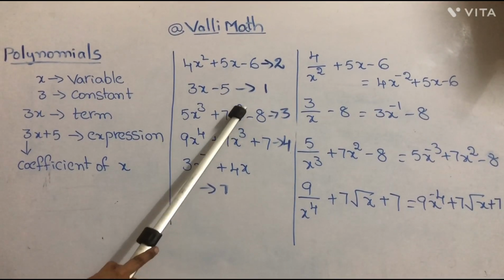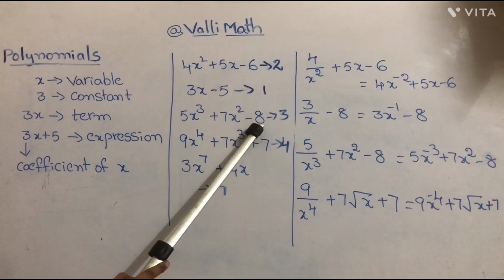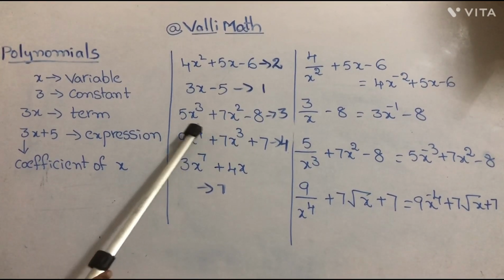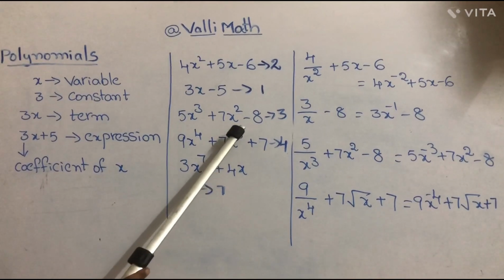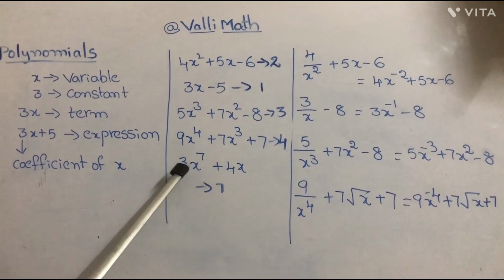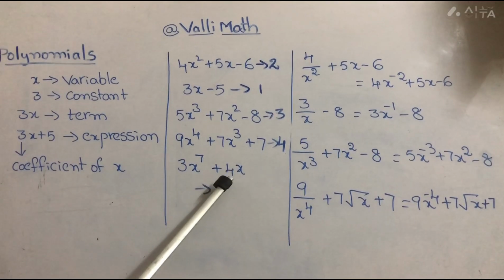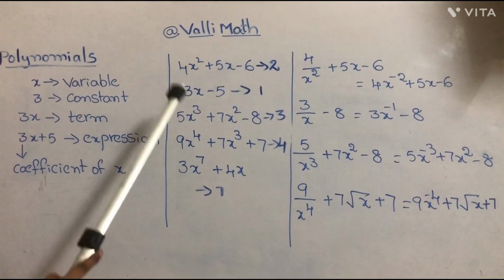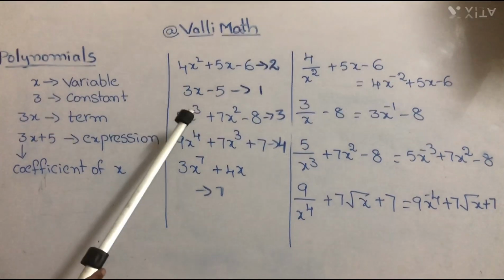Here x square coefficient is 7 and constant is -8. Here x power 4 coefficient is 9, x cube coefficient is 7. Now here x power 7 coefficient is 3 and x coefficient is 4. These are the coefficients of the variables involved in the polynomials.